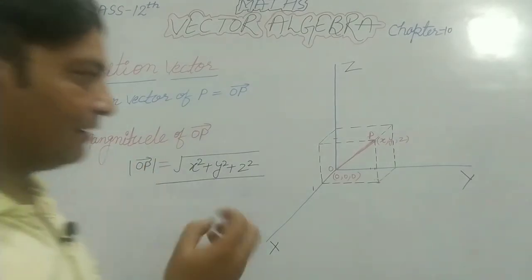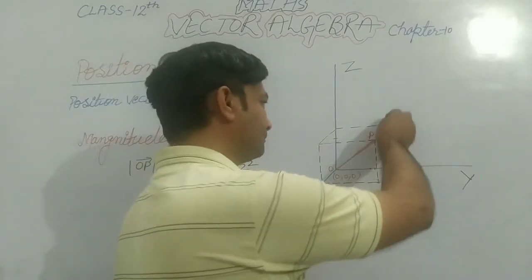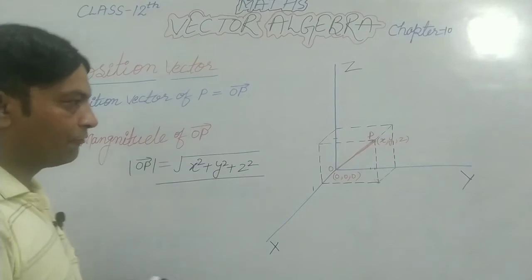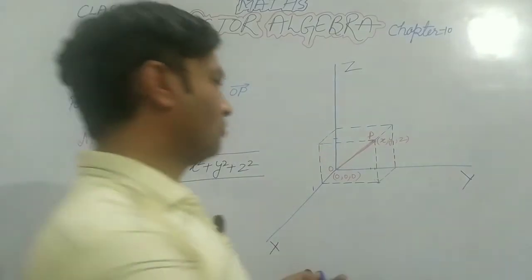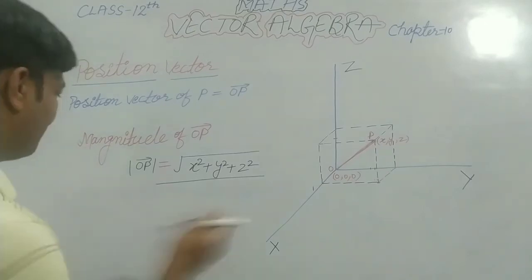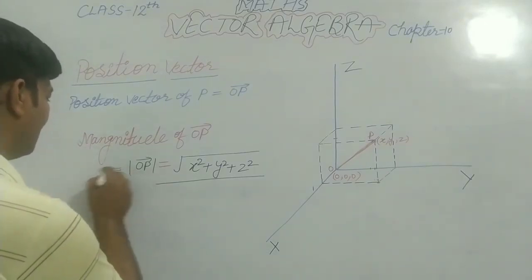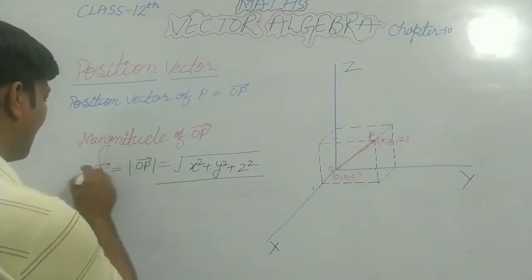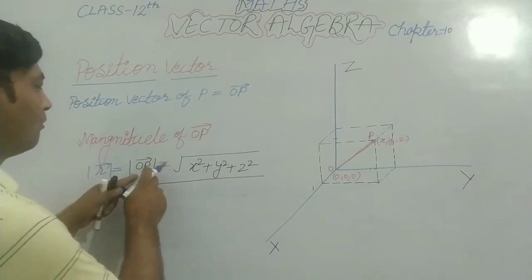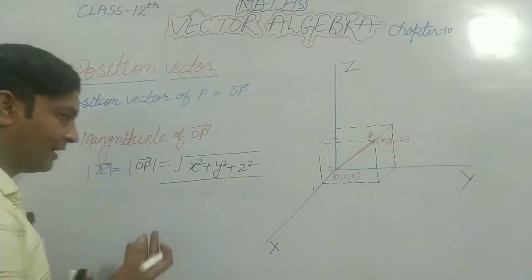Suppose we have an unknown point over here, we don't know where the point is. So what is the position vector of that point? We denote that point as the r vector. We can denote OP as the r vector as well.